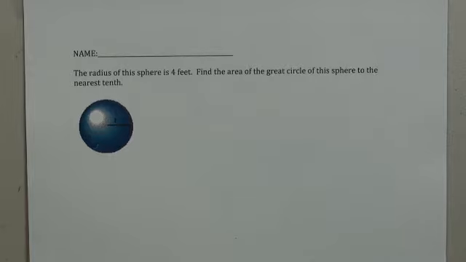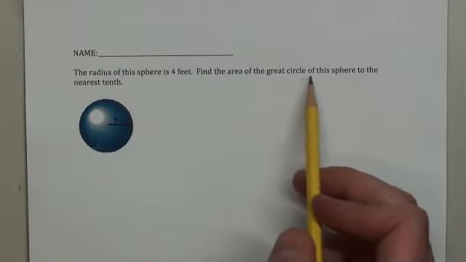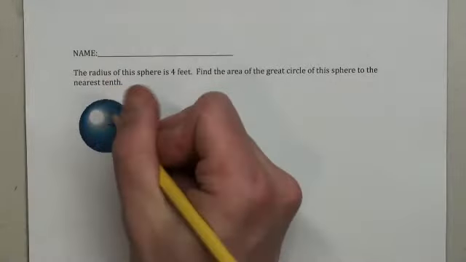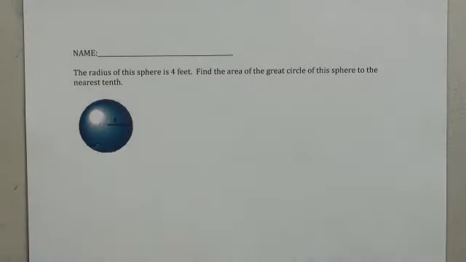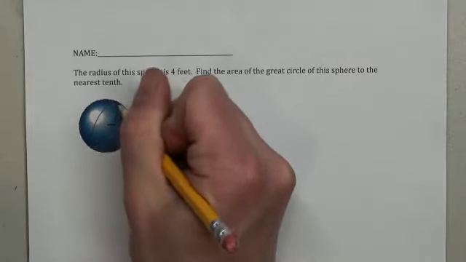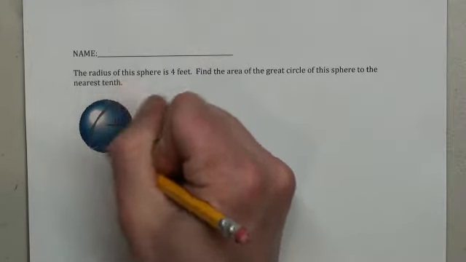So, here's the first one. The radius of this sphere is 4 feet. Find the area of the great circle of this sphere to the nearest tenth. So you could imagine a great circle going right around the center, the biggest part.